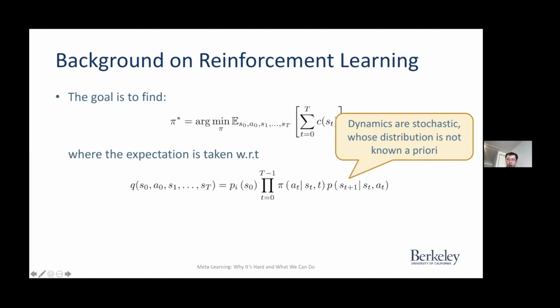This is the key difference here. I want to highlight this expectation. Again, it is an intractable expectation, as there are exponentially many sequences that you can have in this expectation.